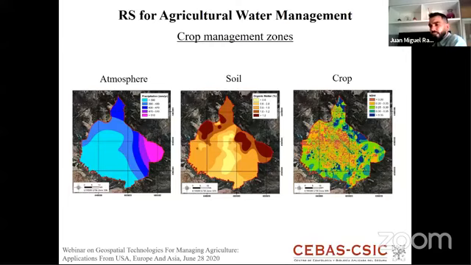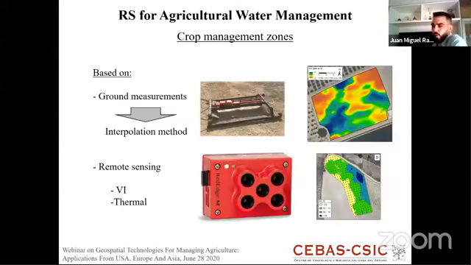These zones, at the same time, can be derived from ground measurements, as the case, for instance, of the upper image in this slide, where a soil electrical conductivity map was created using the EM38 instrument.